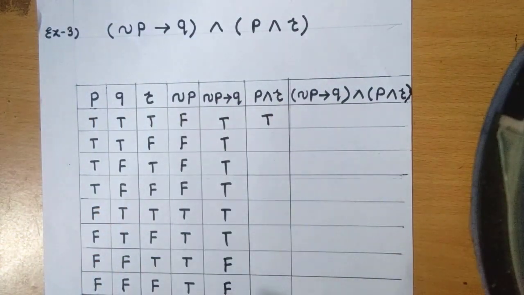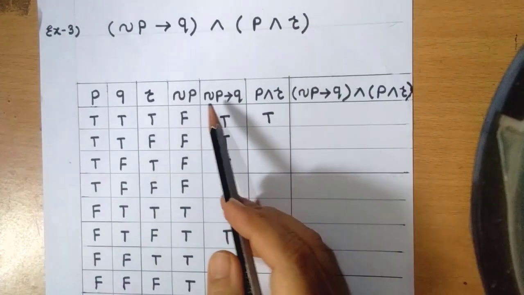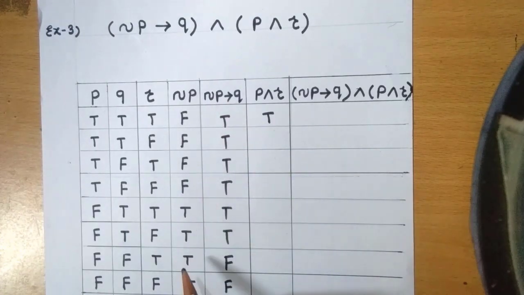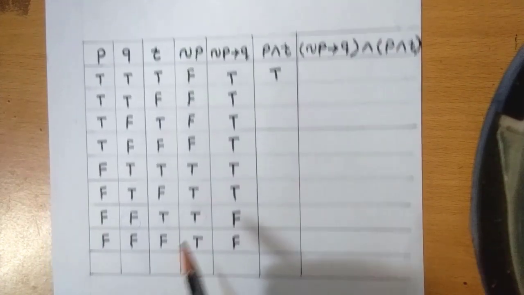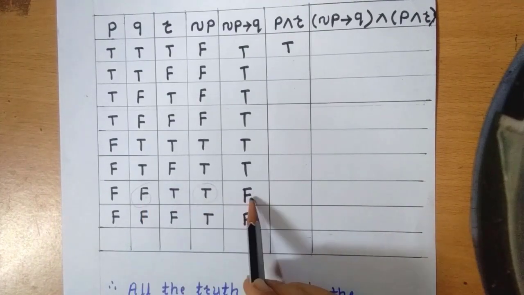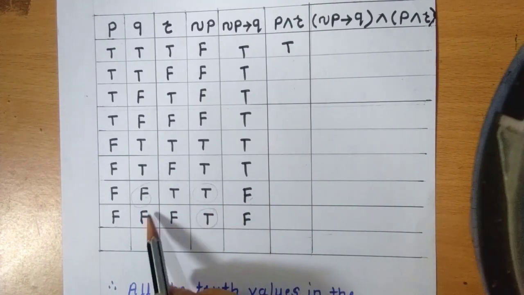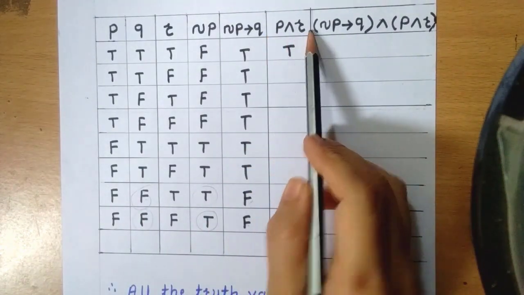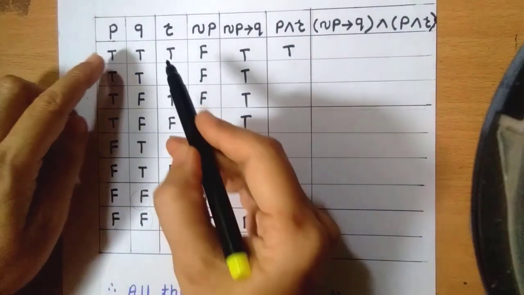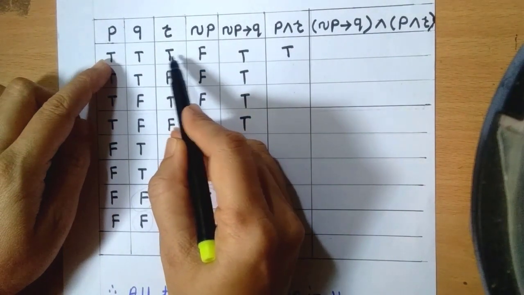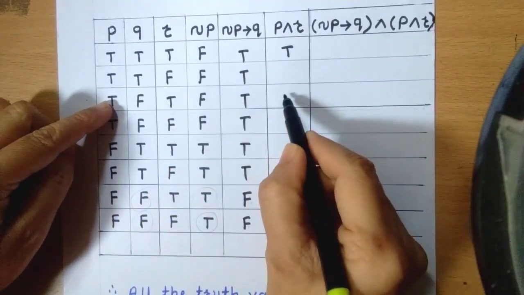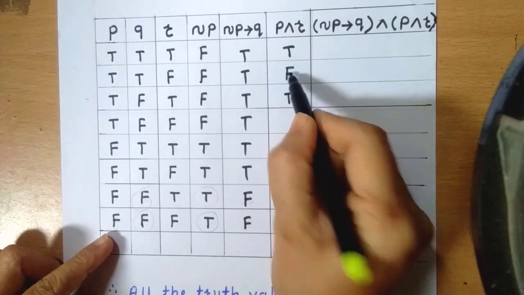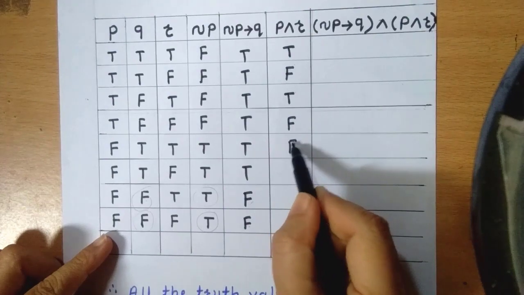So we have taken these columns and we have written negation P implies Q also. The rule of implication is first one T and second one F. So here we can observe first one T, second one F, so F. Here also first one T, second one F, F. And next one P conjunction R. So again rule of conjunction, T, T, T. So here we can observe T and here also both T. Now check again. We can't observe, so write down all truth values as F.